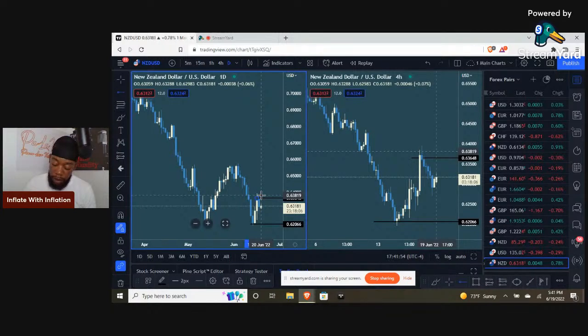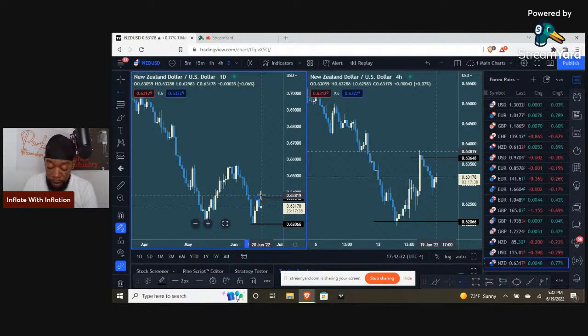I think yen went down. Yeah, yen went down. New Zealand went up and US dollar went down 4. Yeah, so the New Zealand and US dollar already traded places a little bit.